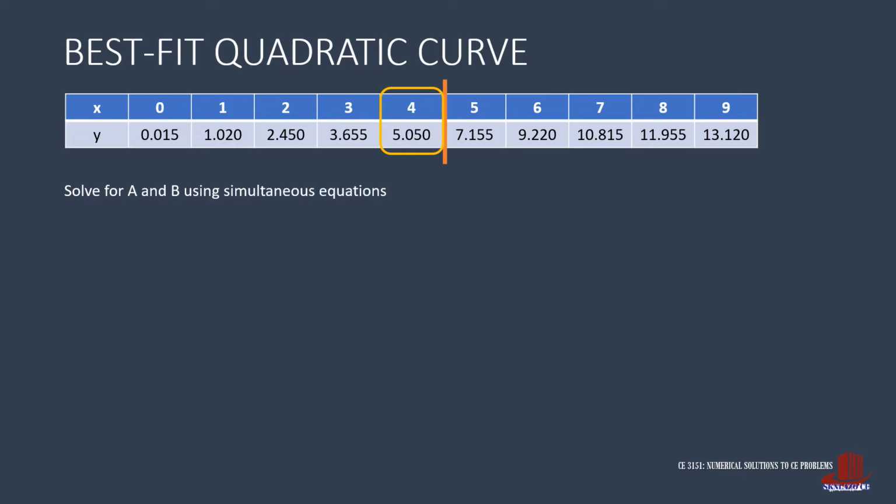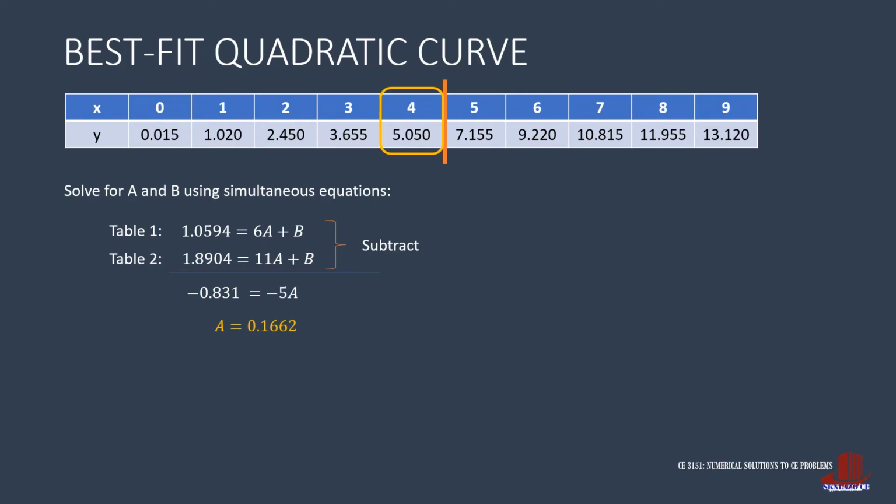Take the two functions and solve for the variables a and b. Again, you can use the simultaneous equation function of your scientific calculator, but just the same, we manually solve it for our discussion here. By subtracting these two equations, we arrive at negative 0.831 equal to negative 5a, where a is then solved as 0.1662.